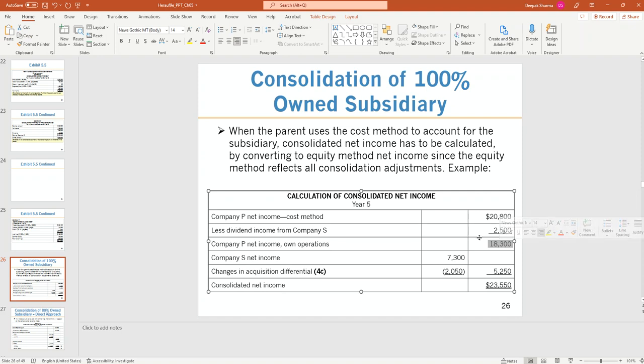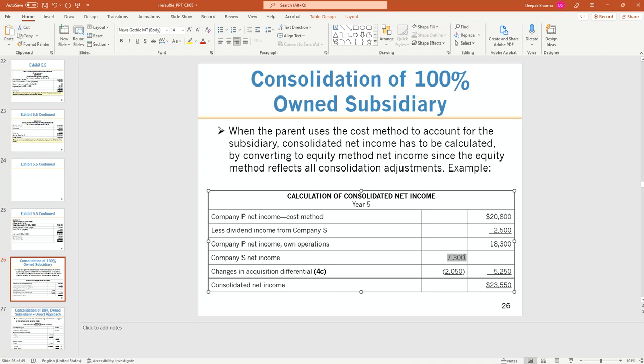That shows up your investment income for the parent. Sorry, previously I was saying it wrong. So this is actually the net income for parent as of that year end, and then we subtract out the dividend that was part of this, because intercompany transactions need to be eliminated. So when we eliminate that, then we only have 18,300 of net income.